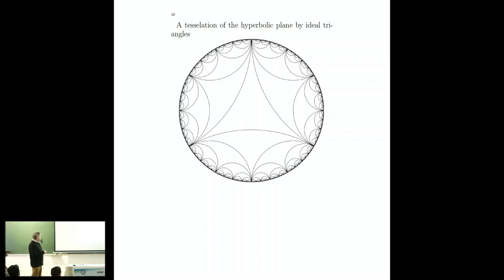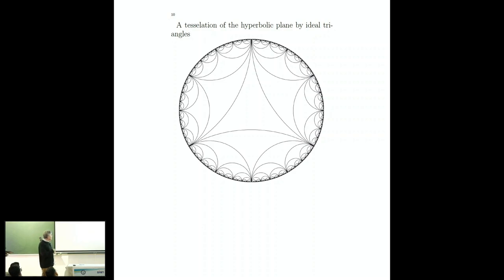Another thing you have to know about ideal triangles is that this one and this one and this one, they are all isometric. What does it mean that they are isometric? It means that you have an isometry of the hyperbolic plane, an isometry of the whole space, which takes one triangle to another triangle.